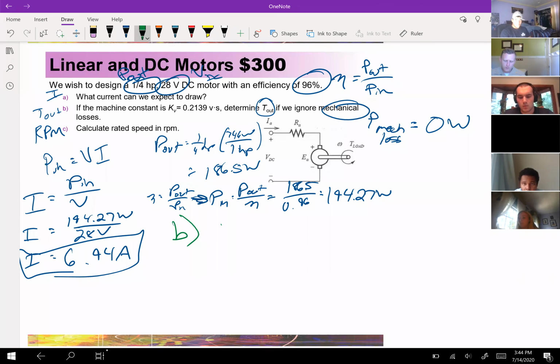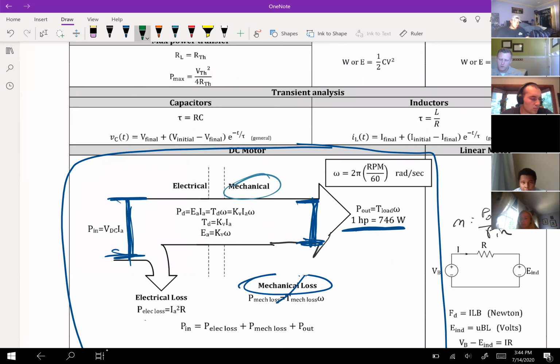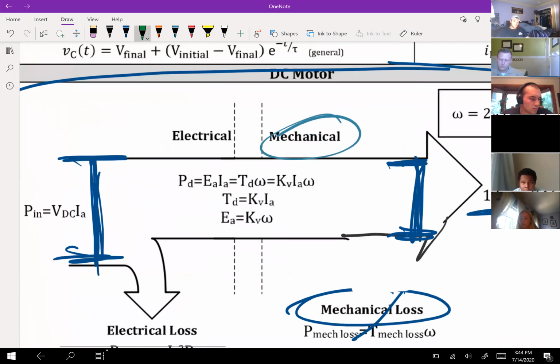So think about this. The power developed, I said, is equal to the power out, since the power of the mechanical loss is 0. So if the power of the mechanical loss is 0, the power developed is that. And if I have power developed as an equation, let's go back to the equation just so that you're not taking my word for it.